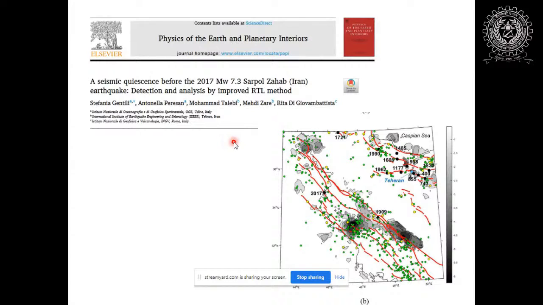We have been working with Stefania Gentili and Antonella Peresan, and Dr. Talebi and myself and other colleagues. We have worked with people in Trieste and INGV Roma, and we published it in Physics of the Earth and Planetary Interiors in 2019.